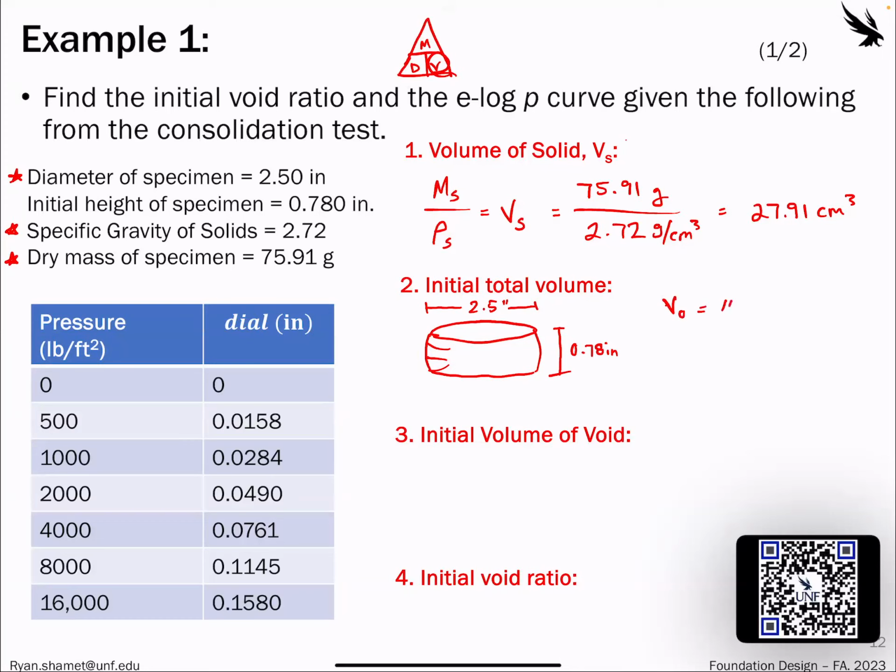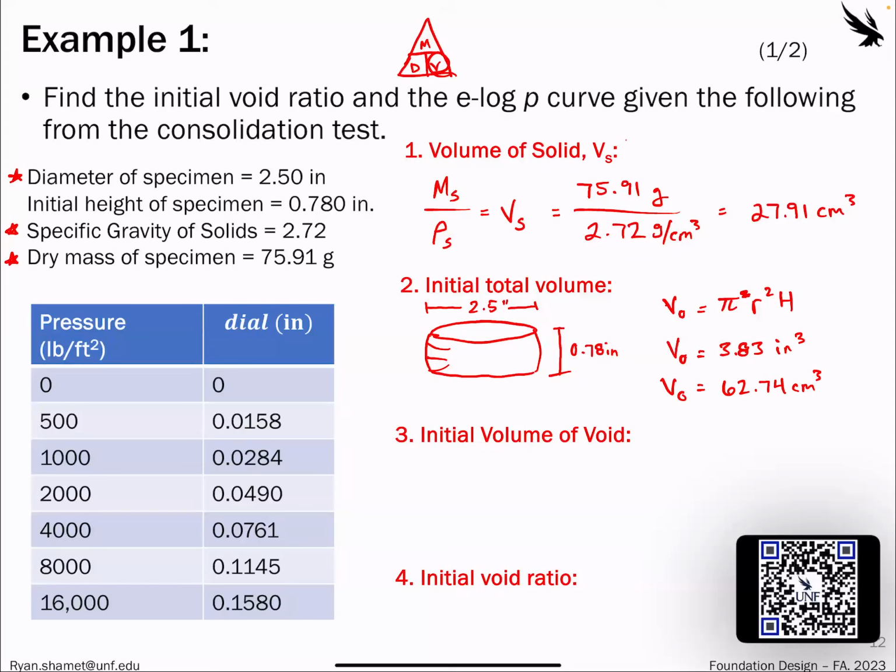It's just the volume of this cylinder, so pi r squared times the initial height. When we calculate this out, we get 3.83 cubic inches. I'm going to go ahead and switch this over to cubic centimeters as well, because we will have to go back using cubic centimeters.